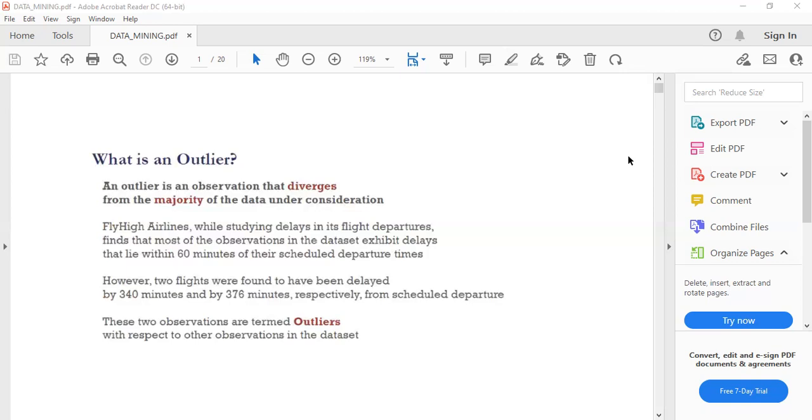However, two flights were found to have been delayed by 340 minutes and by 376 minutes respectively from scheduled departure.